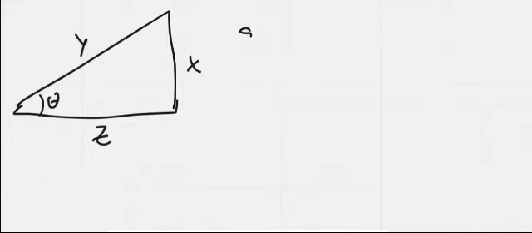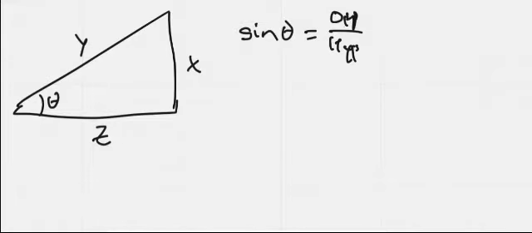And the first one is sine. The sine of theta, which is the angle from here, will be equal to opposite over hypotenuse. So it becomes x over y.